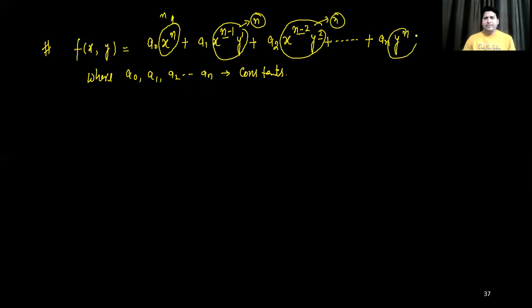And the last term also has degree n. How to find the degree of a term in which more than one variable is there? Simply add their powers. All of the terms have the same degree n, so this is a homogeneous function of degree n. And this is the standard notation, students.